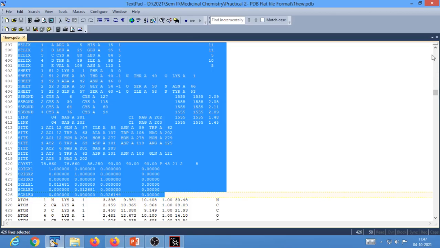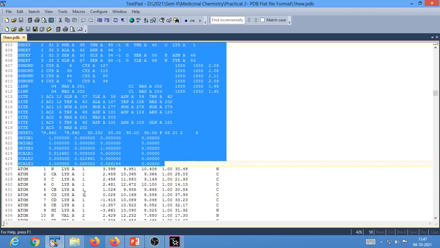So you can guess the length of your annotation section from here. From the first line to line number 426, whatever data is present, you can consider it the annotation section of your PDB. And whatever lines in your PDB file begin with the keyword ATOM or HETATM and CONECT lines, those represent your coordinate information.